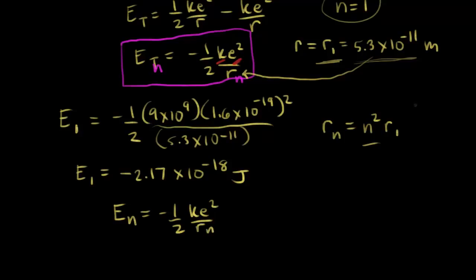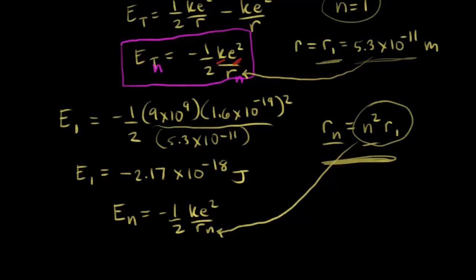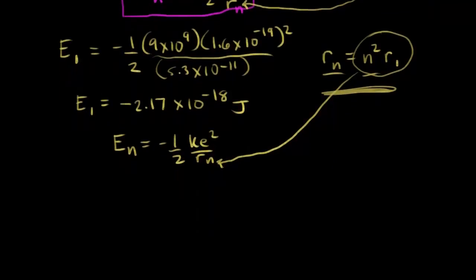Now we could take the equation we derived in the earlier video for the radius, and plug all of that in for Rn. So let's get some more room, and continue.